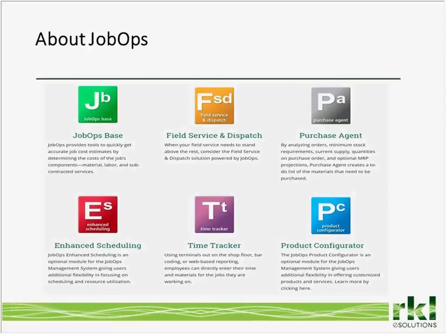A better question, and something that we recommend, is I would be careful to only install JobOps if you're on a current Sage Business Care plan and you're on one of the current or the latest 3 releases. The reason for our recommendation is simple.